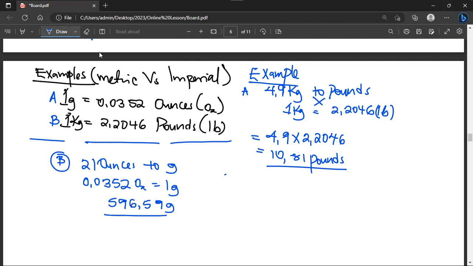The last one, let's change 62 pounds to ounces. The factors that we have only equate grams to ounces and kilograms to pounds.